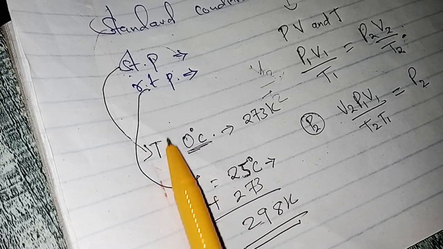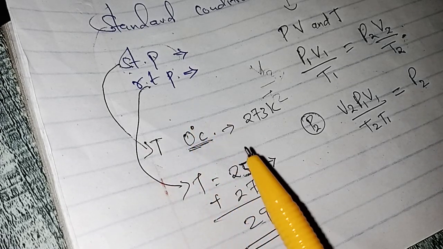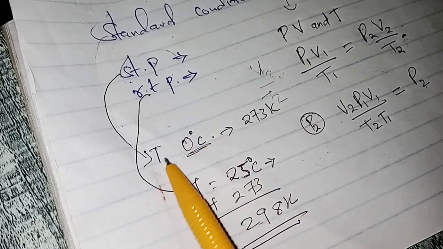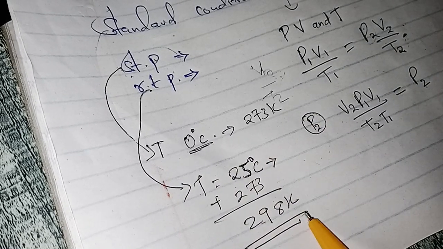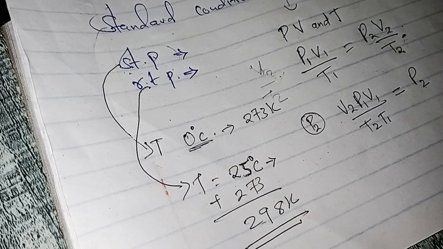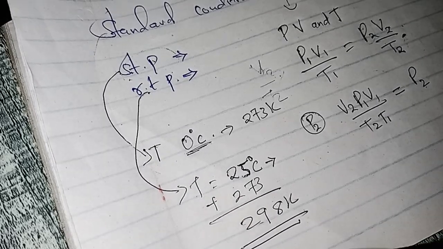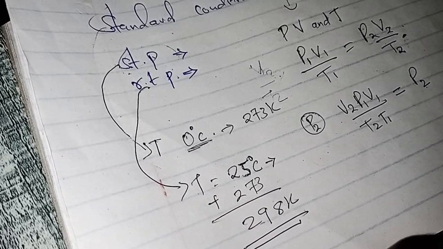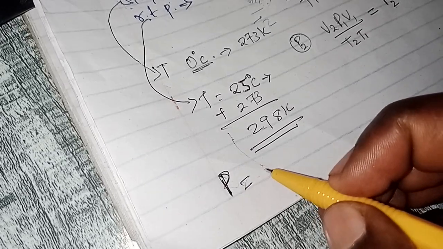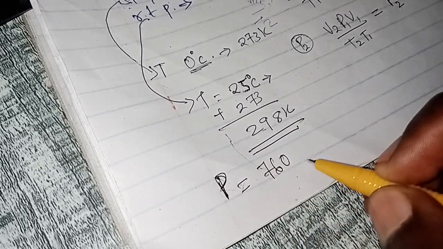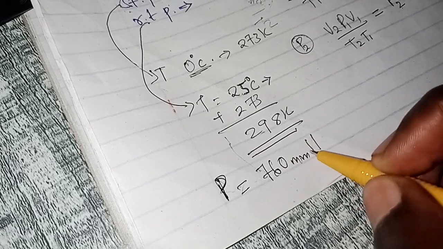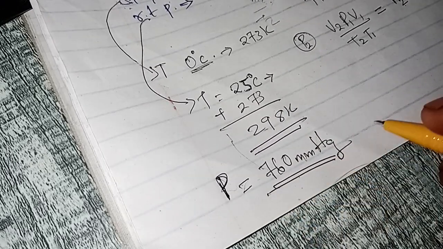So whenever you are asked at STP and RTP, the temperature at STP is 273 Kelvin and at RTP is 298 Kelvin. The pressure is the same at both STP and RTP, 760 millimetres of mercury.